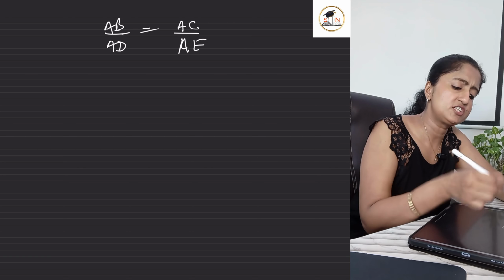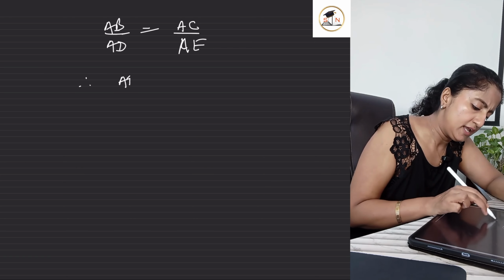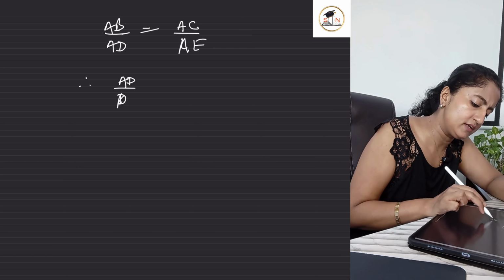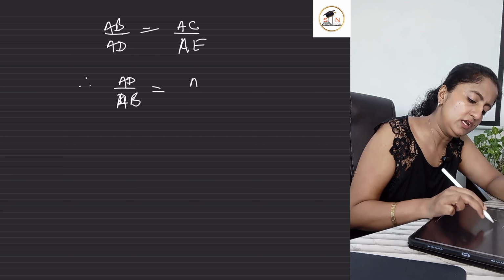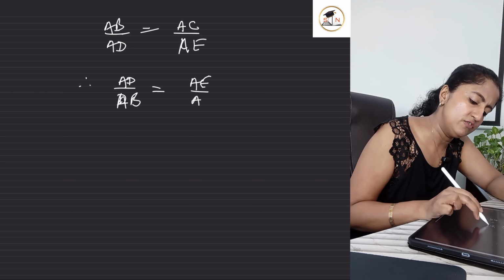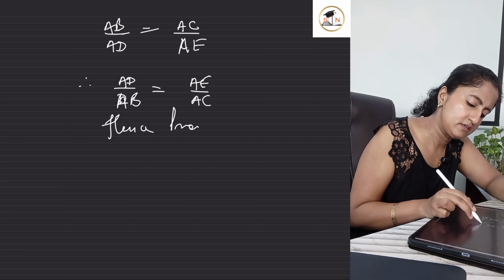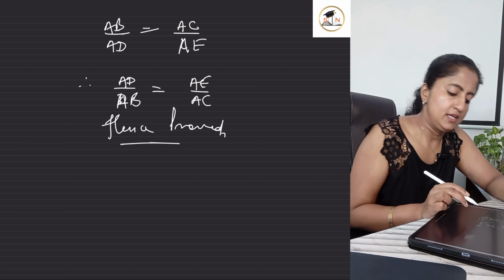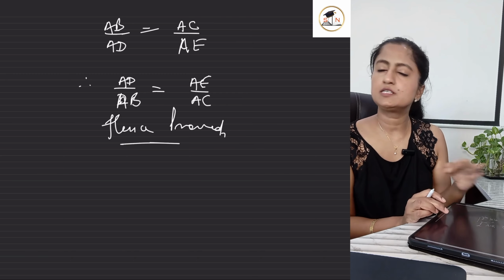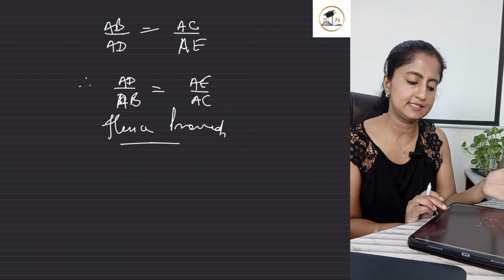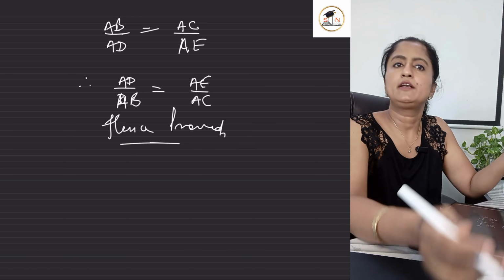Now, we'll just flip that again, and that gives us AD over AB equals AE over AC, and hence proved.